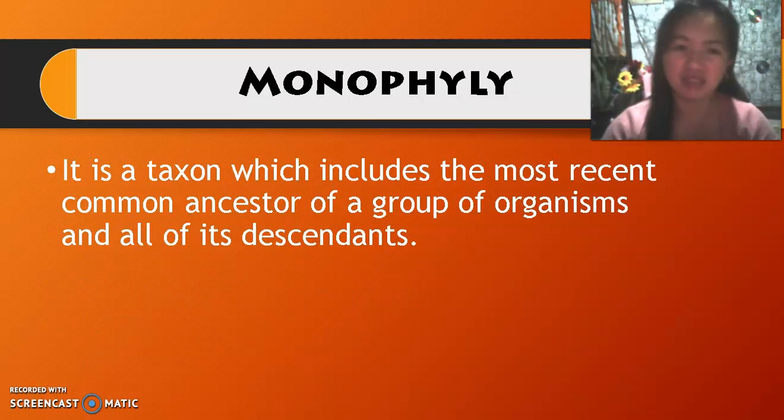Next is monophyly. Monophyly is a taxon which includes the most recent common ancestor of a group of organisms and all of its descendants.